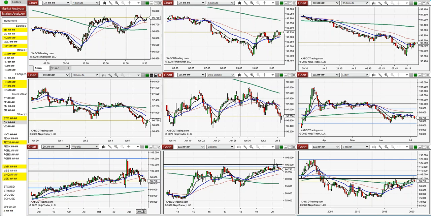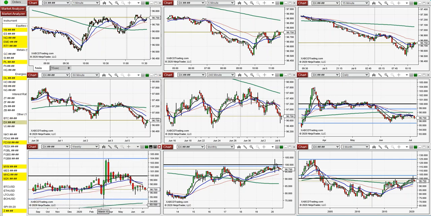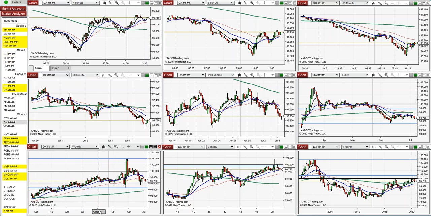So these couple of bars, that's a test of 21, but it was not able to recover. So we have a couple of small bars closing below the 21. Now we've got a crossover of 8 below 21. So that all tells me it doesn't look very strong here, the US dollar index.